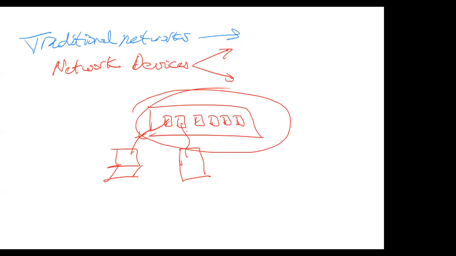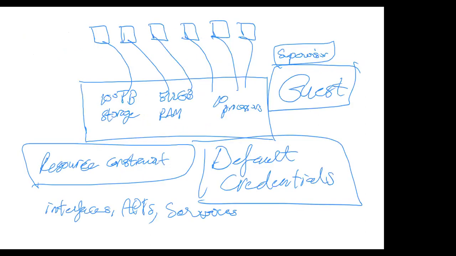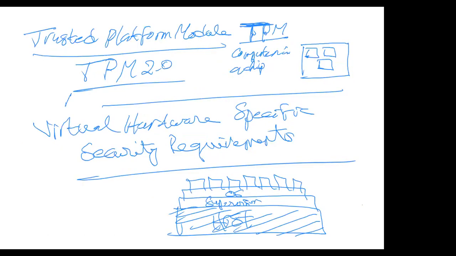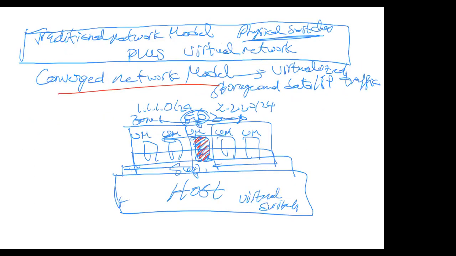When we are speaking about virtual networks, the scenario here is different. Why? Because, as we mentioned, gentlemen, now we are speaking about a host, and on this host we have a virtual switch.